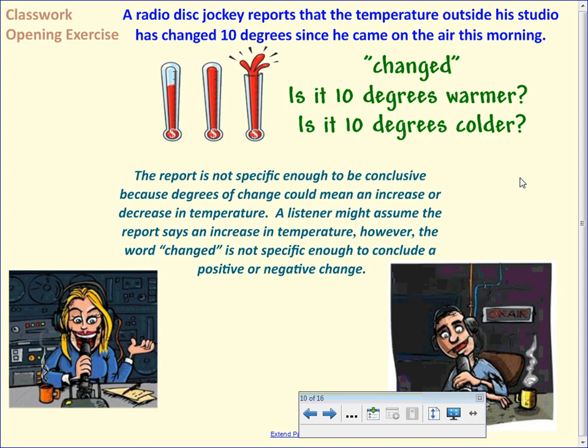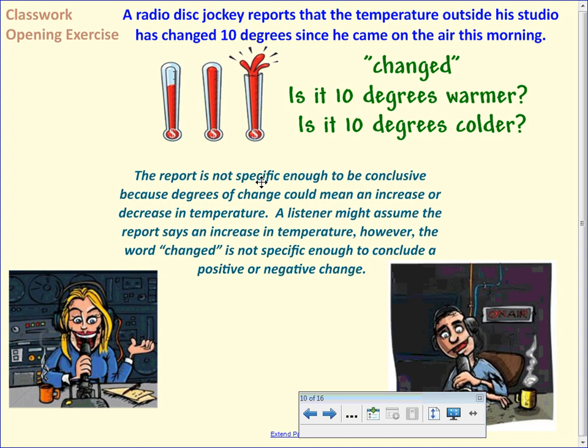So imagine you're in the car, and one radio disc jockey reported that the temperature outside his studio has changed 10 degrees since he got there this morning. Well, it changed. Does that mean it's warmer or it's colder? We don't really know. Using the word changed was not a good choice.